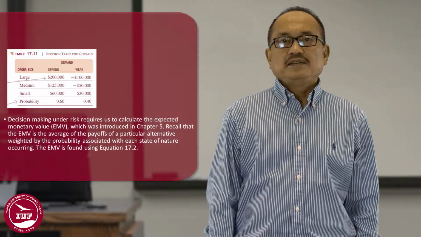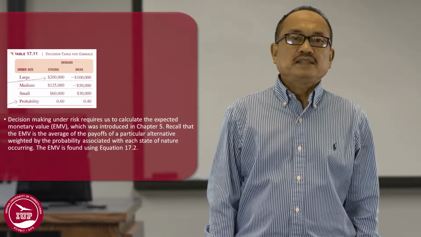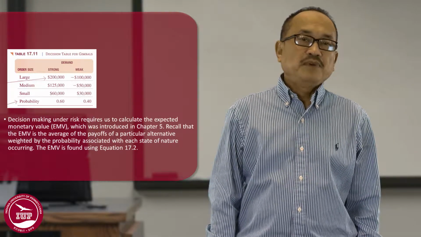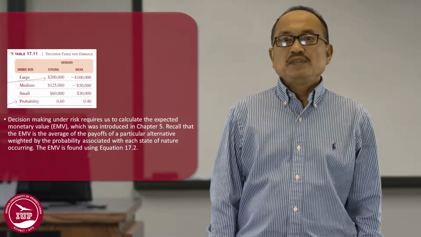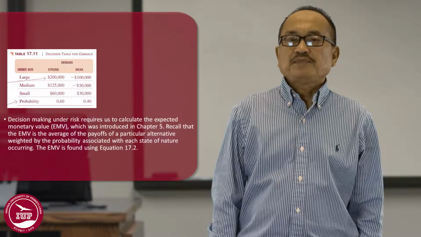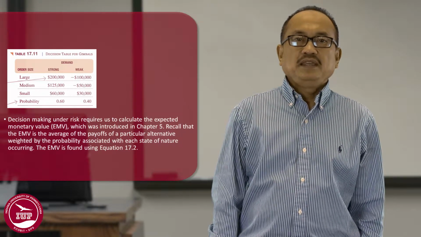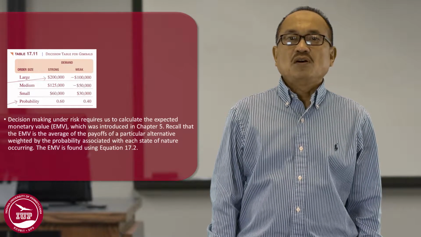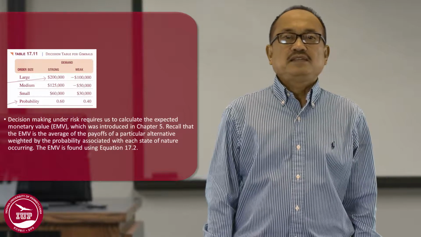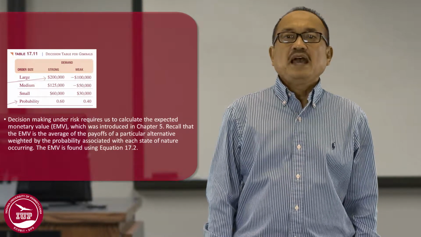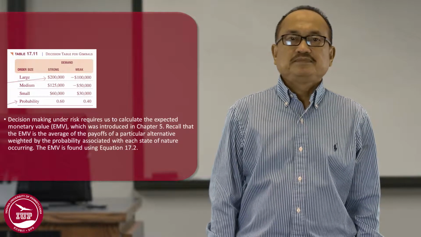Decision making under risk requires us to calculate the expected monetary value, or EMV, which was introduced in Chapter 5. Recall that the EMV is the average of the payoff of a particular alternative weighted by the probability associated with each state of nature occurring.